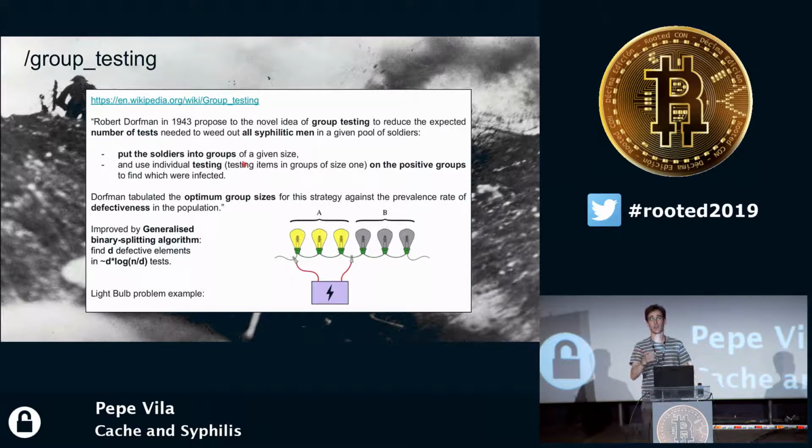If the result is positive, you don't learn anything, and you have to split it into smaller groups. But if it is negative, you can discard many of them. So Dorman, who was a mathematician, set out to find the optimum group sizes in order to identify the infected members of this population or cohort.